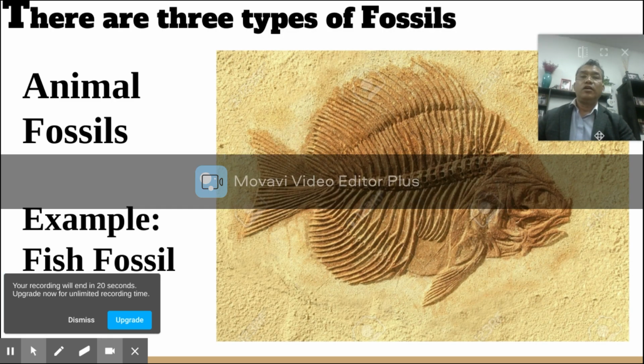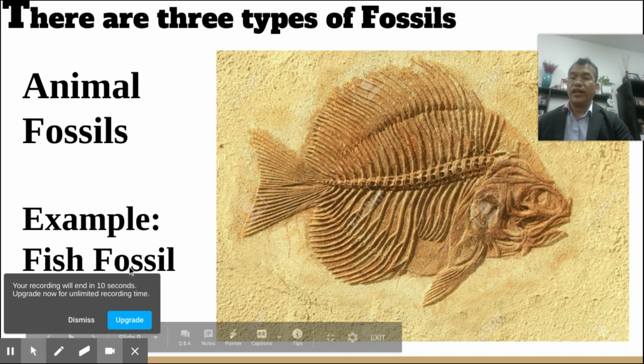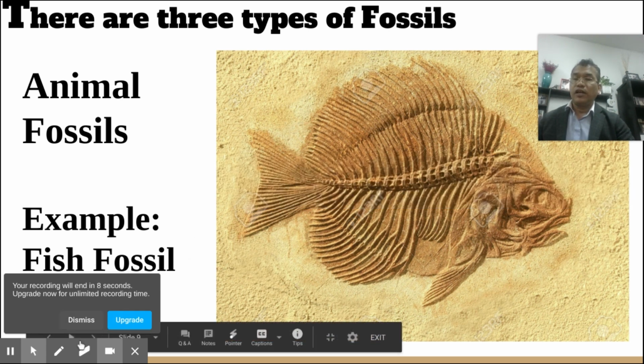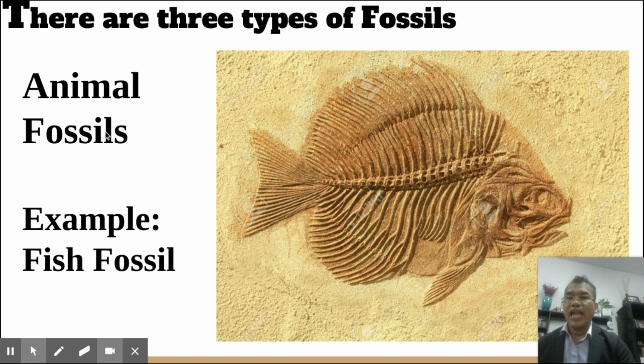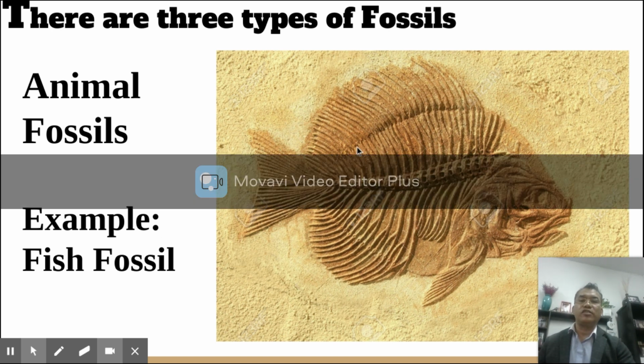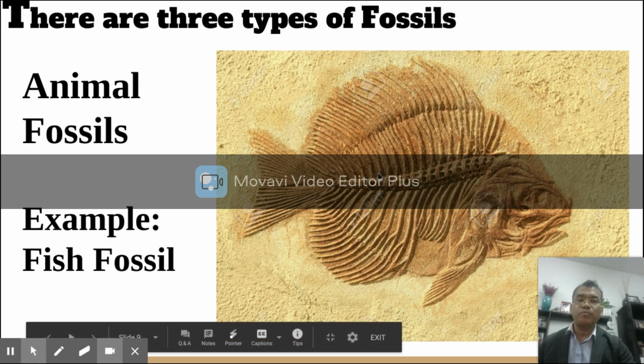Now, we have three types of fossils. The first one is animal fossils. Here's the animal. You see the picture here, example, fish fossils.